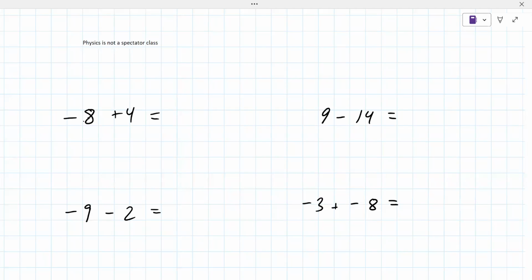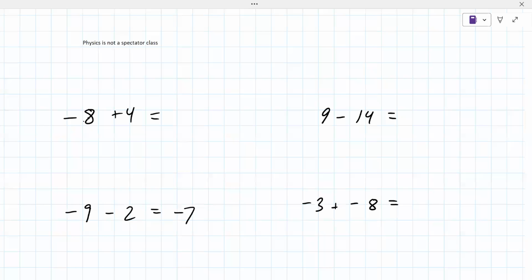Negative 9 minus 2 would be... wait, no, that's the same sign. Hold on. Okay, that would be negative 7. Actually, yeah.